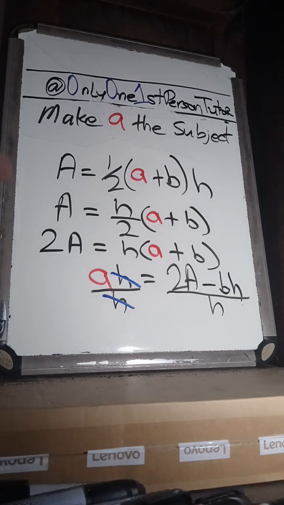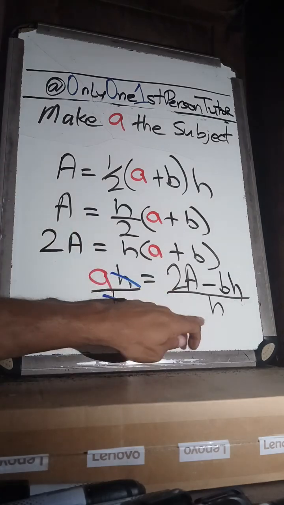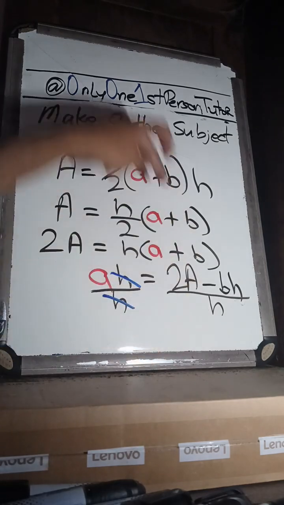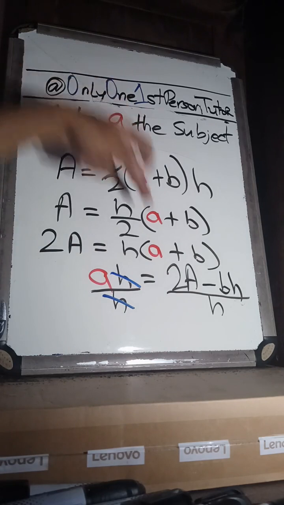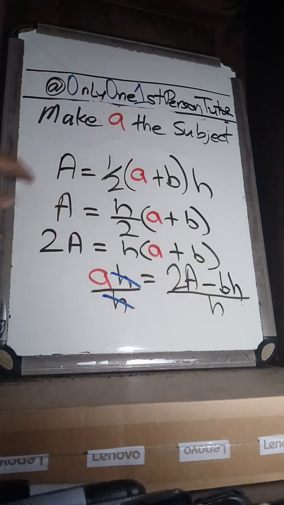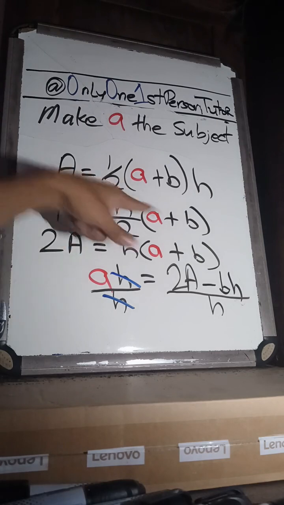Because you'd have 2A over the little h multiplied by h over 2. The h's would cancel, the 2's would cancel, leaving you with the a alone. So even when you get to the end, you want to be sure that. And imagine, this is the area of a trapezium. And it looks so simple, but I'm sure nobody would have told you that little a would come out to this.